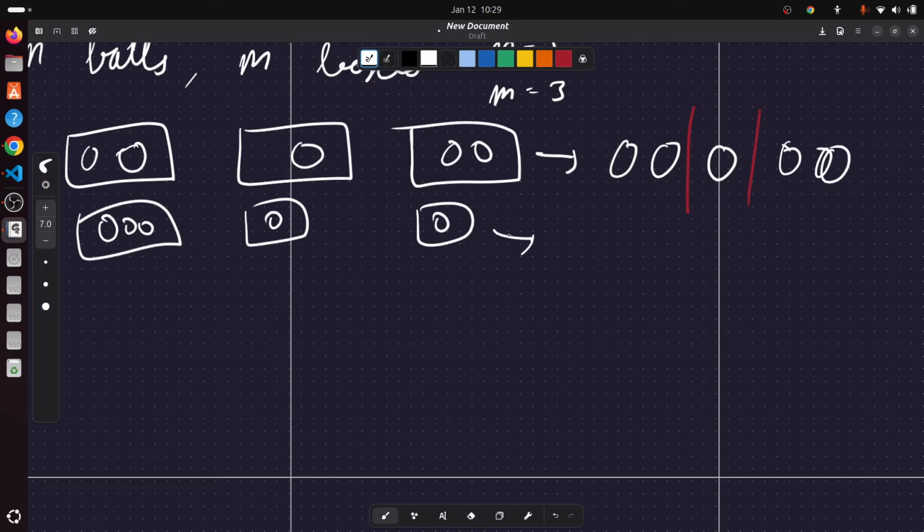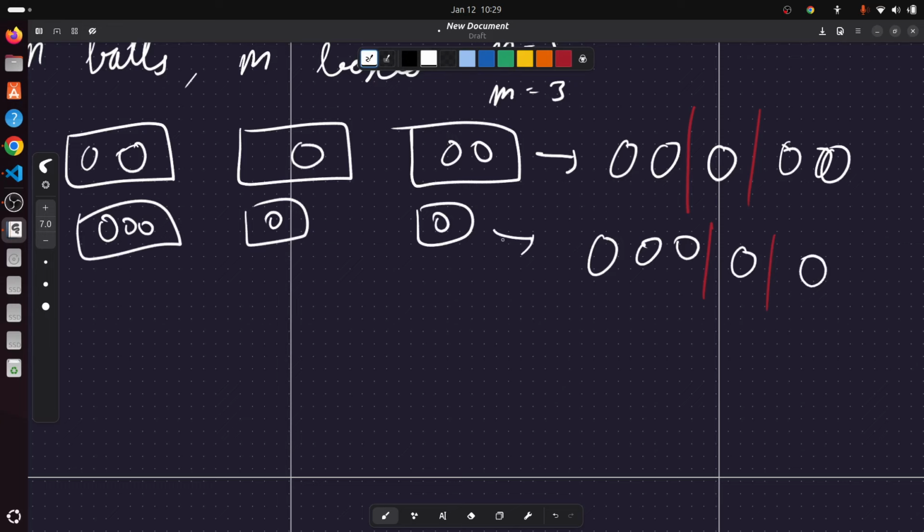For this other one also I can draw it similarly: I'll have 3 balls, then a separator, then a single ball, then a separator, then a single ball. So this is also a way to describe it.